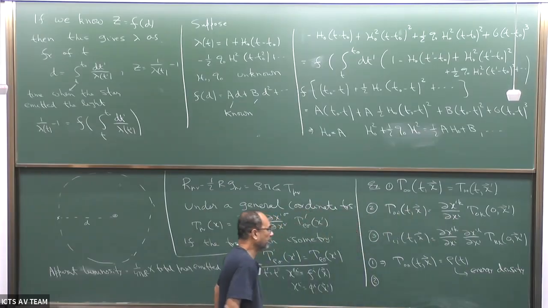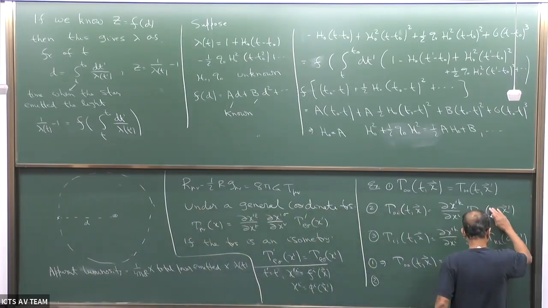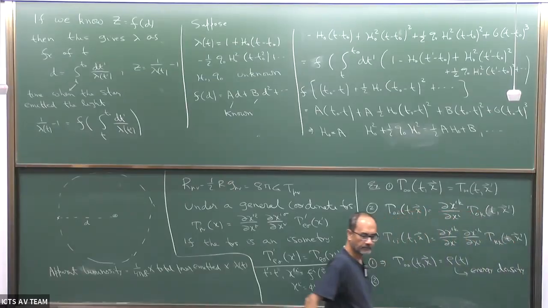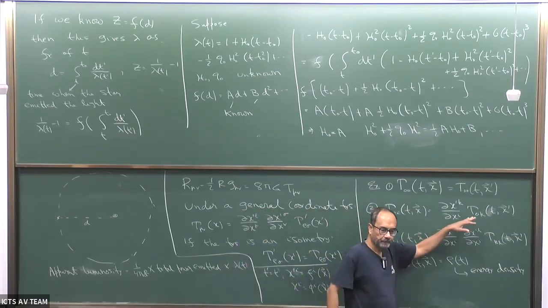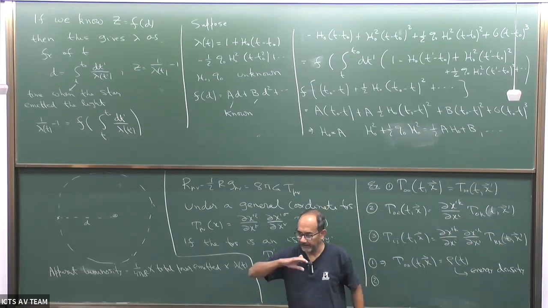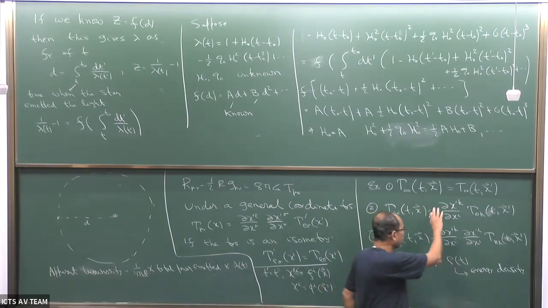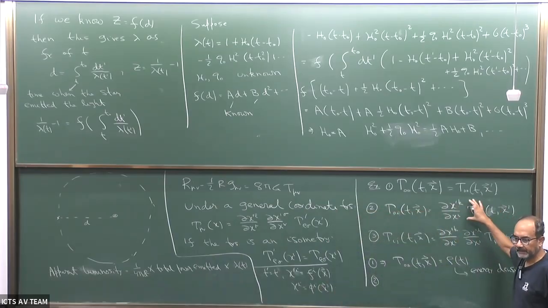The second equation, what is it telling us? The second equation tells us that if we fix time, take a given time slice, then this is the way a vector field in 3 dimensions will transform, except that there would have been a t prime here.